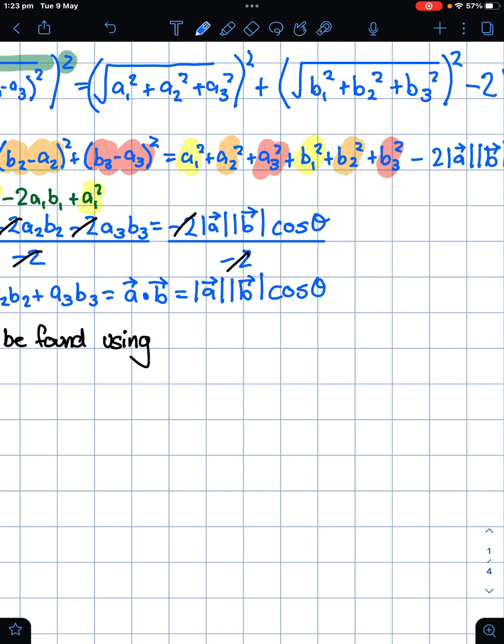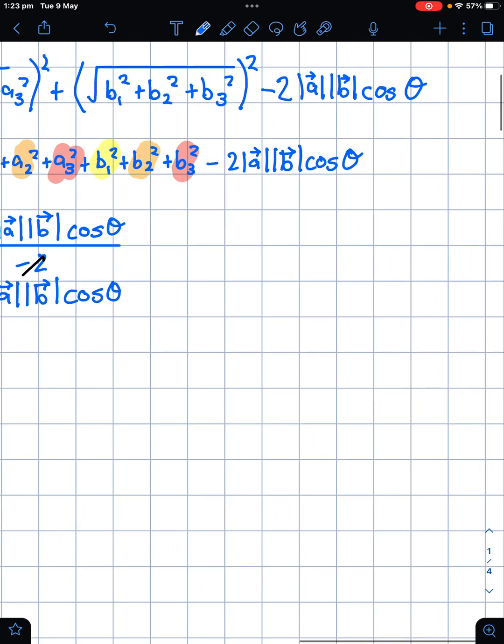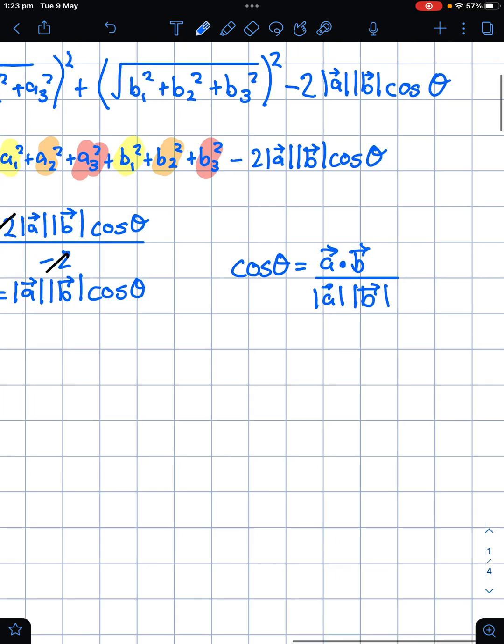And from this, we can state that cosine theta equals a dot b, so the dot product on the top, over the modulus of a times the modulus of b. So that's the proof.